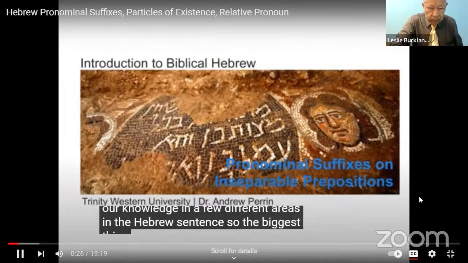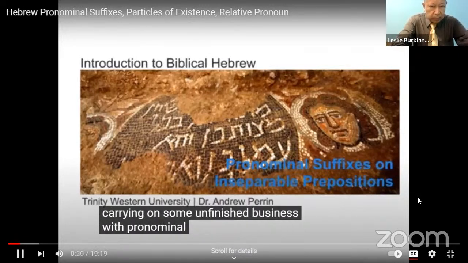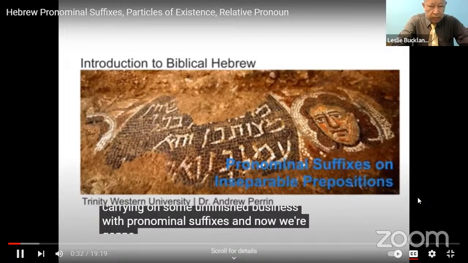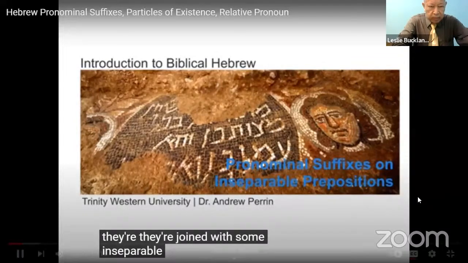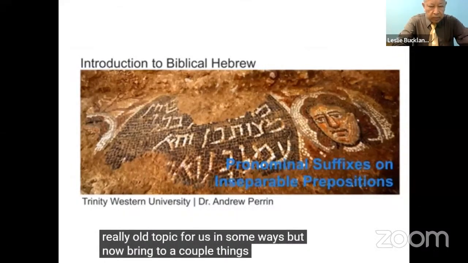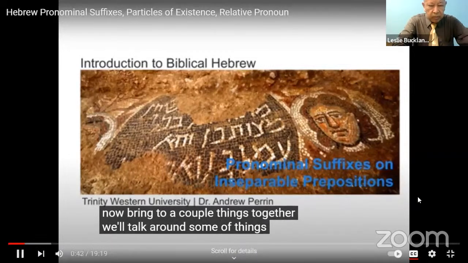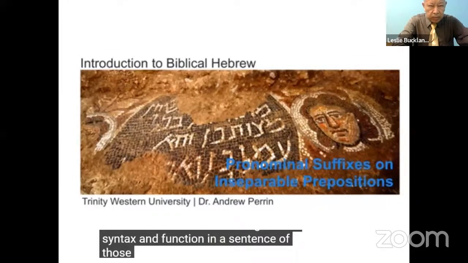The biggest thing on the docket for today is carrying on some unfinished business with pronominal suffixes. Now we're going to look at how those are used when they're joined with some inseparable prepositions, which is a really old topic for us in some ways, but now bringing a couple of things together. We'll talk about some things about syntax and function in a sentence.